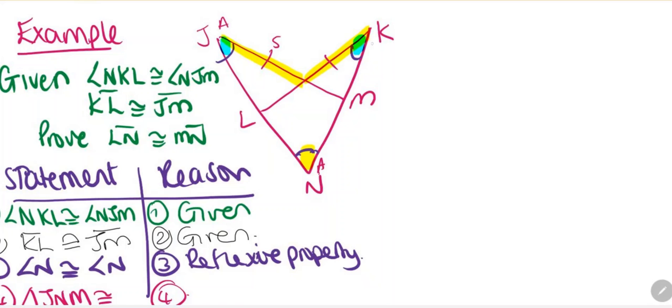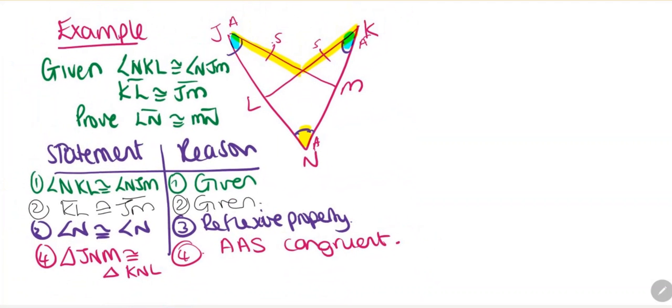And on this one we have an angle, a side, and an angle. So if we look at this and say, well, this is angle, angle, side, we can say angle, angle, side is congruent.